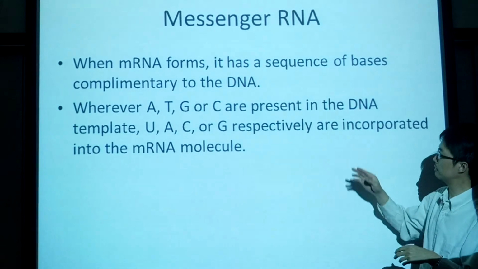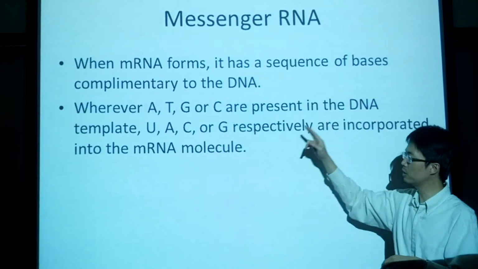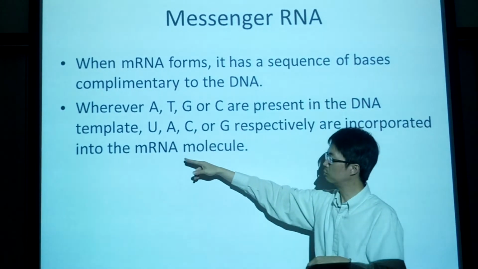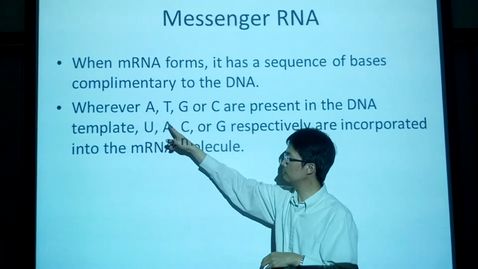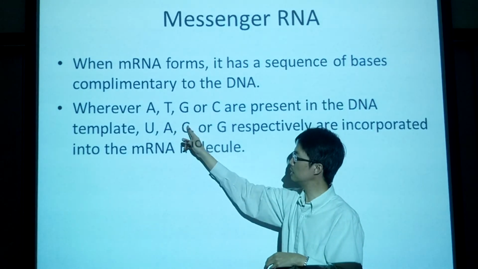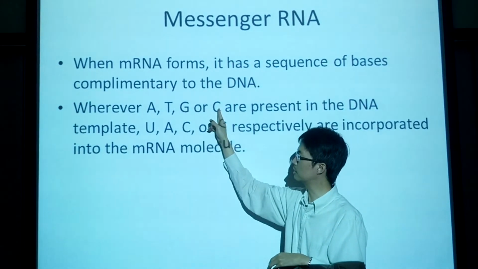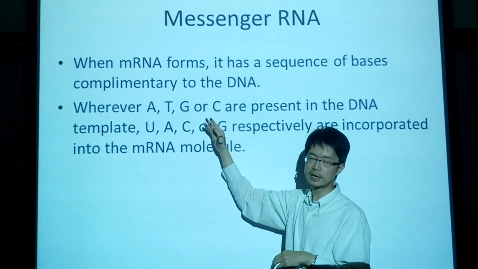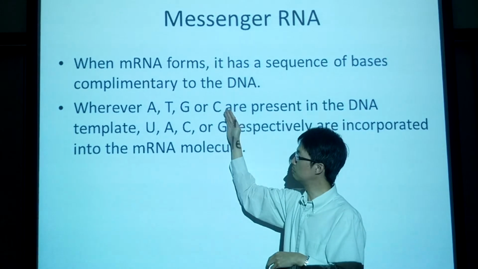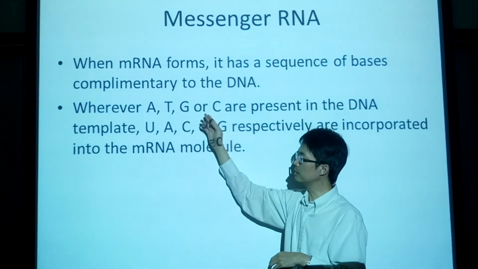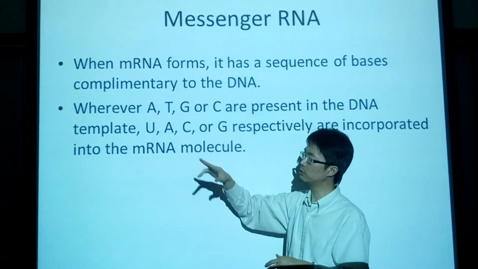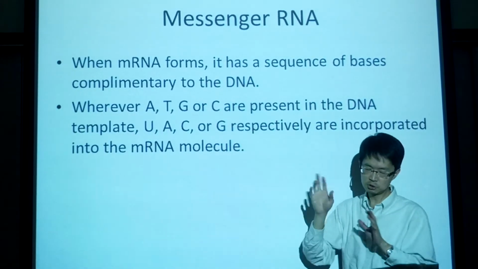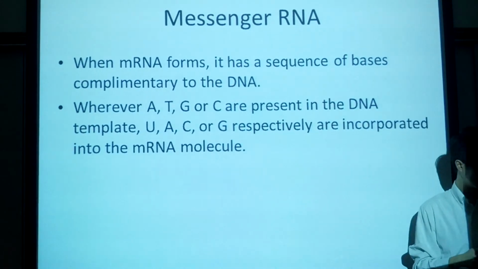In this case, as I mentioned before, in DNA we have A, T, G, C, but on RNA we have U go with A. A still goes with T, C still goes with G, G still goes with C. So the complementary base pairing rule between DNA and RNA, most of them are the same, but if in the DNA you have A, then RNA you must get a U, uracil.